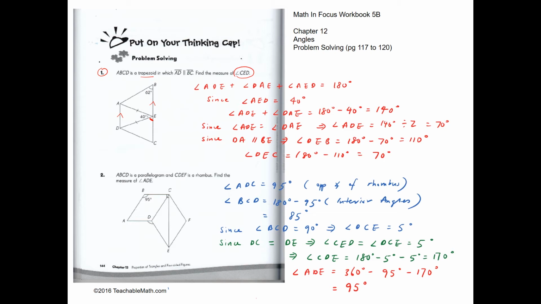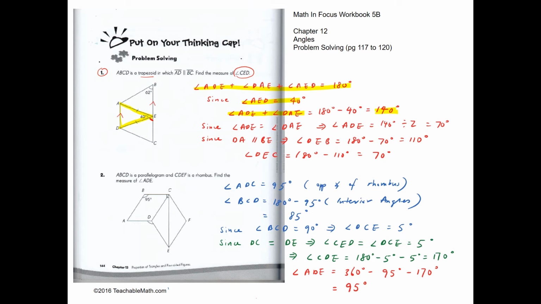But before that, let's look at the triangles. So over here, we have a triangle here. And the sum of the angles in a triangle will be 180, which is what we have over here. And since AED is 40, we know that ADE plus DAE will have to be 140.